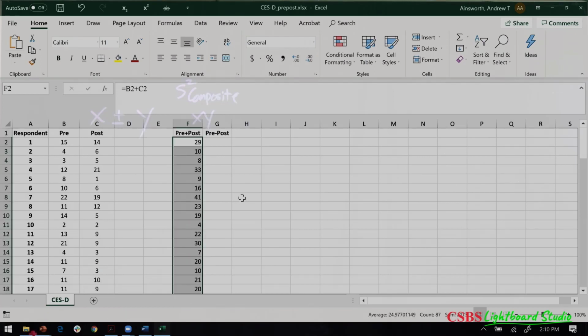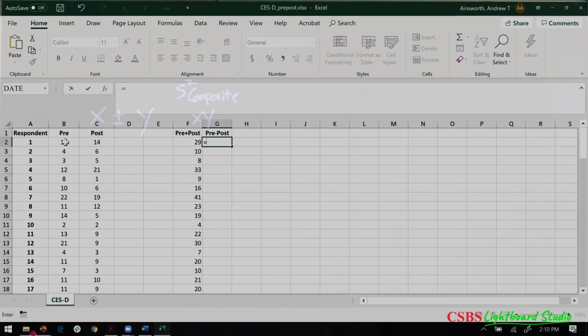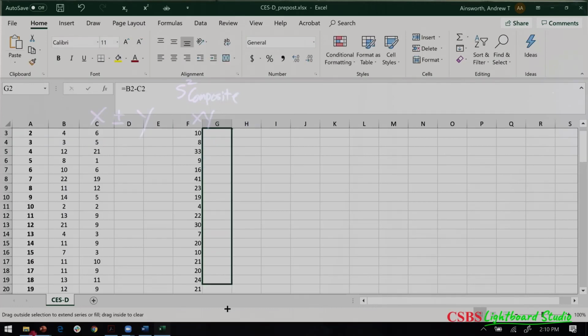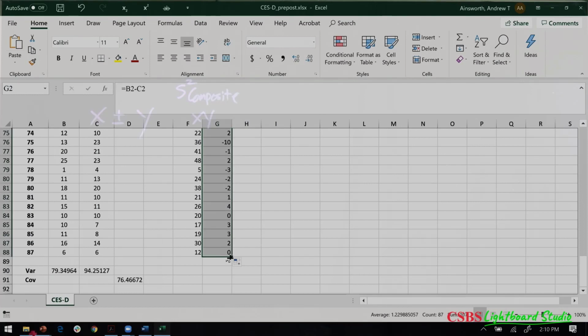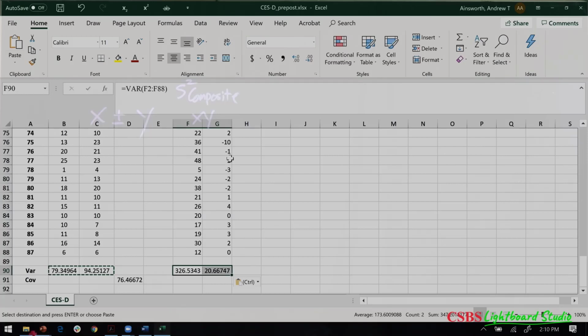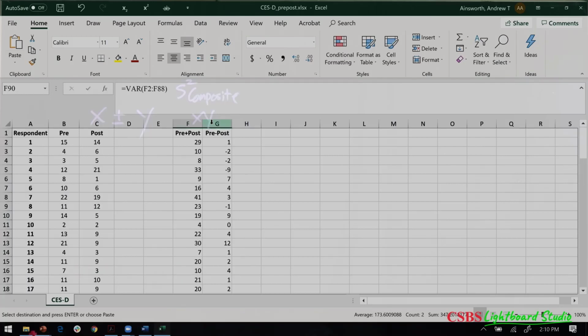And I can do the same thing by saying I want to take pre minus post, like that. And then I can calculate the variances for both of those, and they are different. All right.